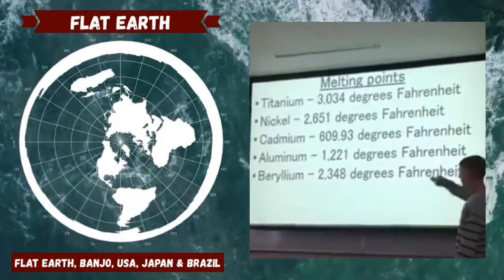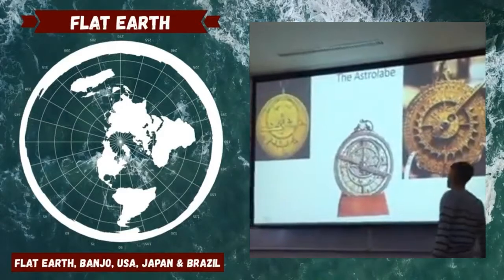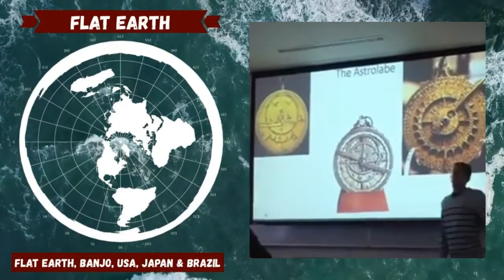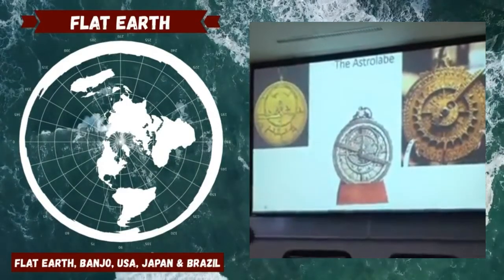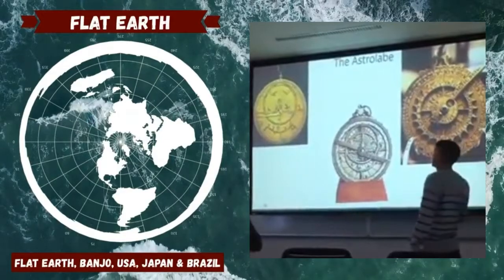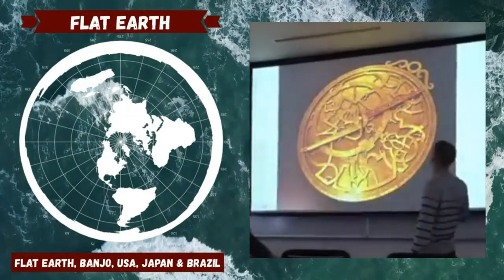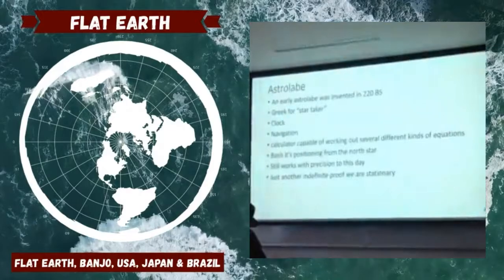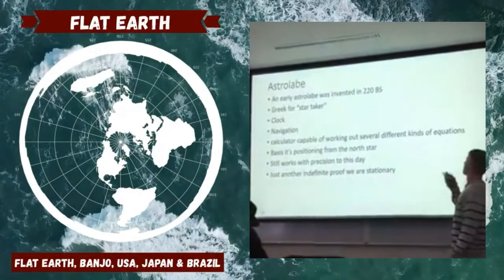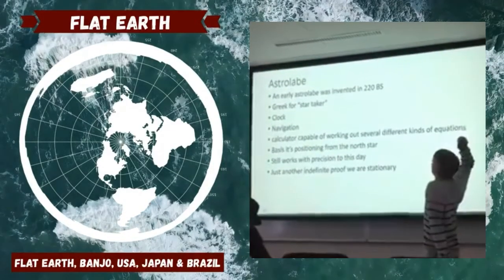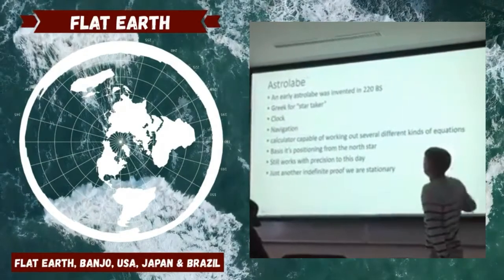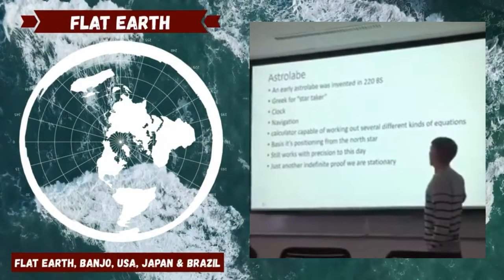I'm a truth seeker. Next thing I want to introduce today is the astrolabe. The astrolabe I don't really want to get into too much because it'll take all class. The early astrolabe was invented in 220 BC. Greek for a star taker.